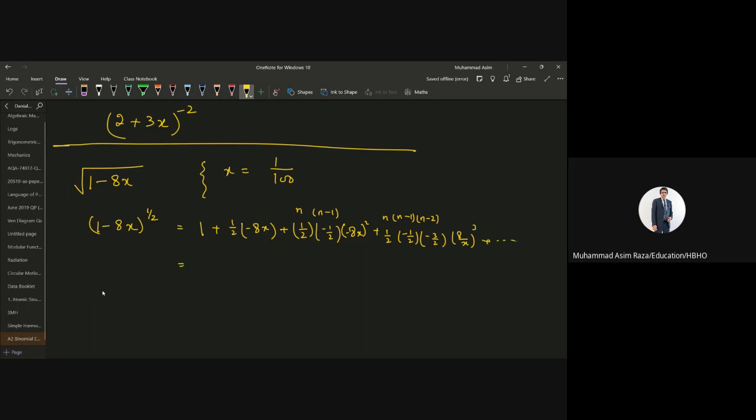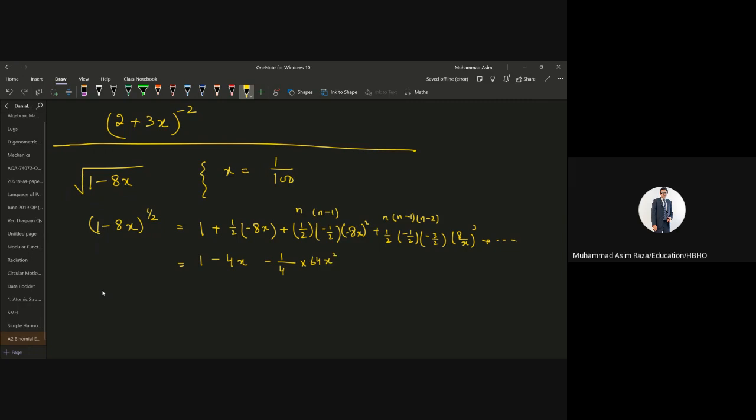So therefore we will get what? 1 plus, not plus actually, it's minus 4x, and then we will have negative 1 over 4 into 64x squared. You understand that?